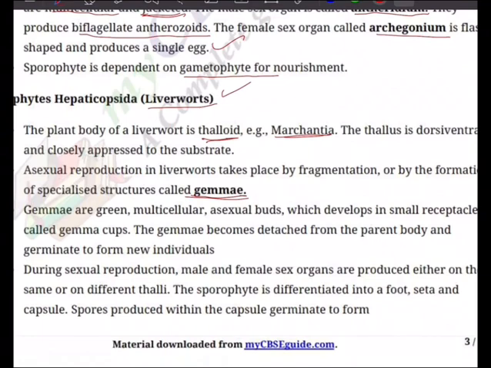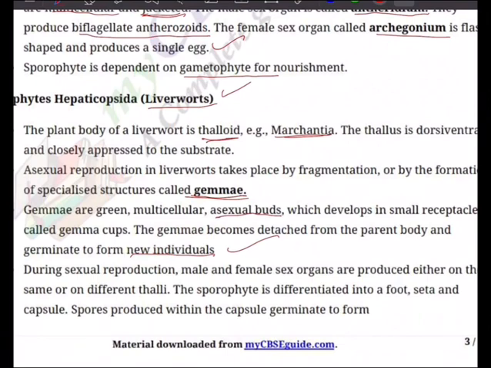What are gemmae? Asexual reproductive parts. Gemmae are green, multicellular, asexual buds which develop in small receptacles called gemma cups. The gemmae become detached from the parent body and germinate to form new individuals. So see, this is the significance of gemma cups.